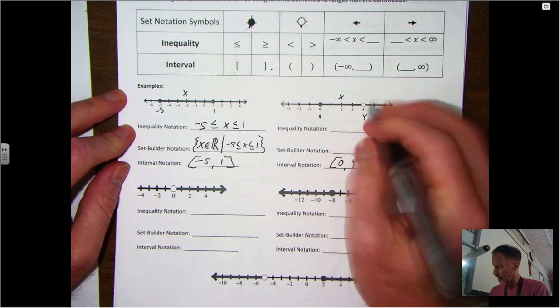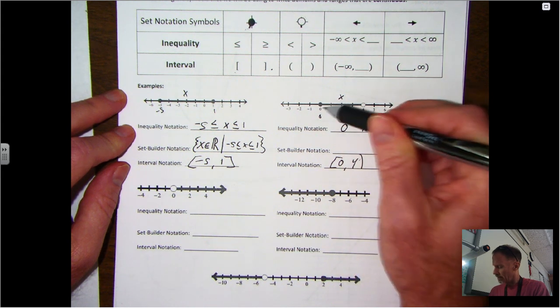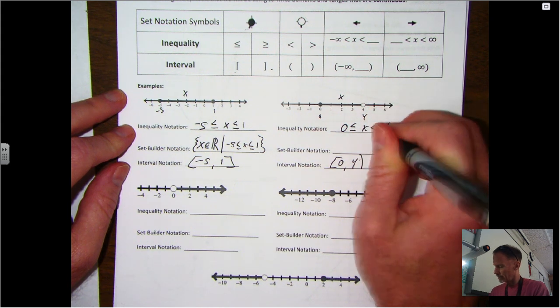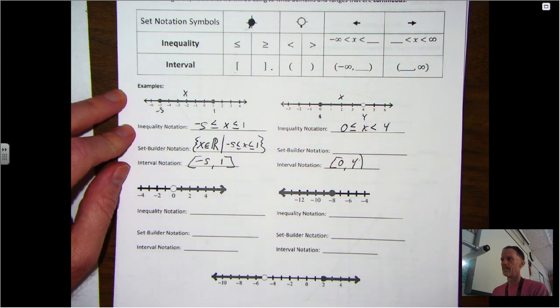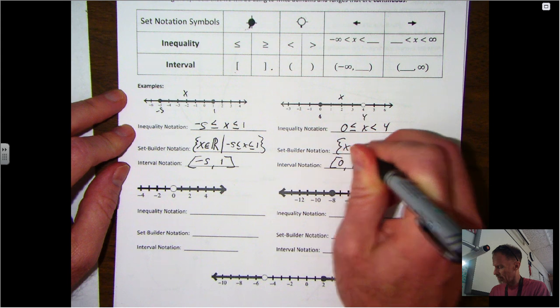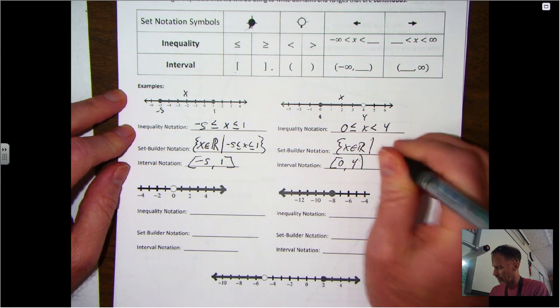Inequality notation, again, it's a sandwich: 0, x, and 4. Filled in, less than or equal to; open, just less than. And then set builder, again, always start with that same thing, x element of real numbers such that, and then just copy your inequality.